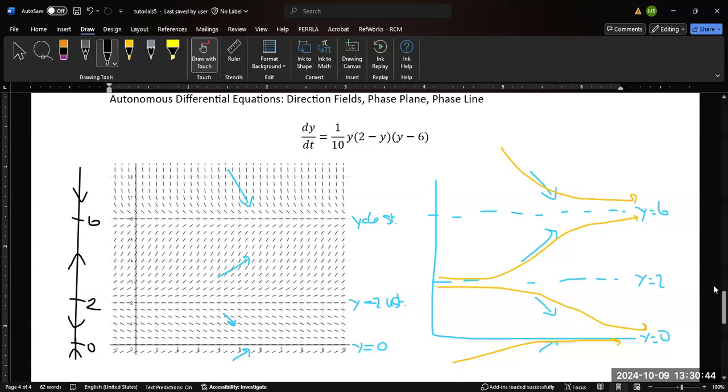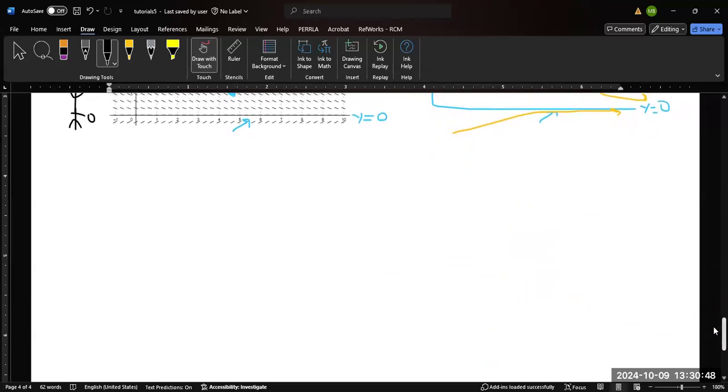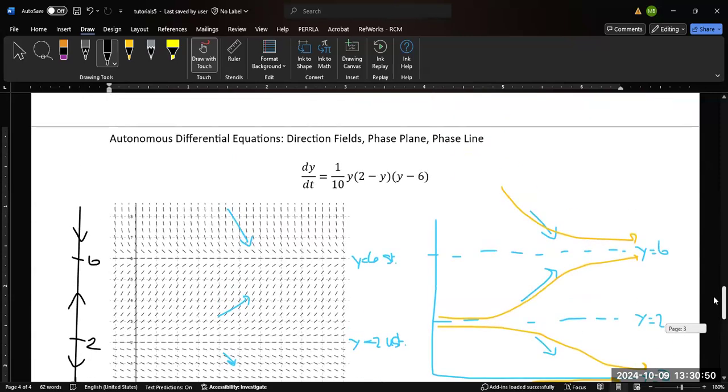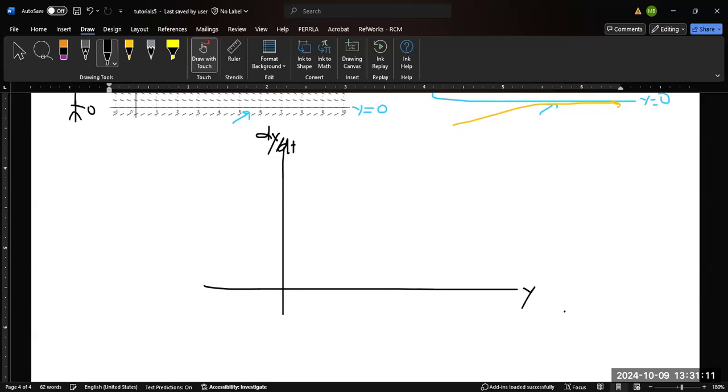Now, as far as the phase plane goes, the phase plane is another way of representing this differential equation. Essentially, we create a graph like so, where the direction field, the differential equation, is our y-axis, and the horizontal axis is the function variable.